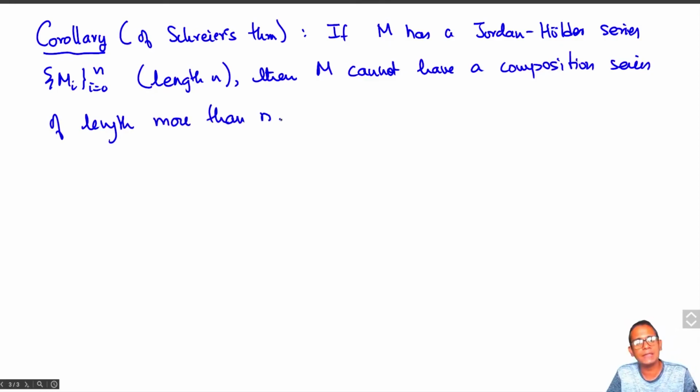So every composition series of M will have length less than or equal to n. And the proof is this.